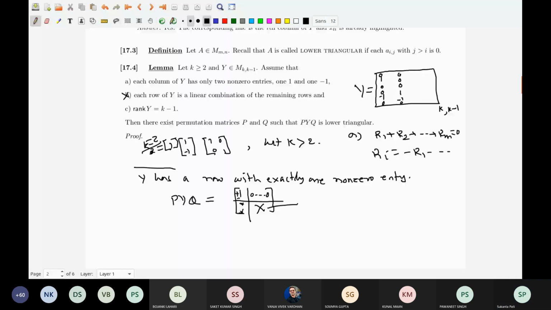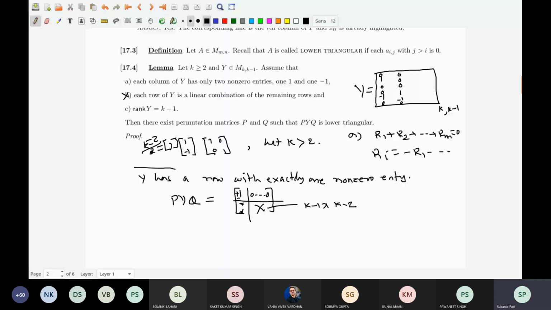The rank of X is 1 less than the rank of Y, since you have taken away a pivot, and the size of X is also 1 less. The size of X is k minus 1 cross k minus 2.